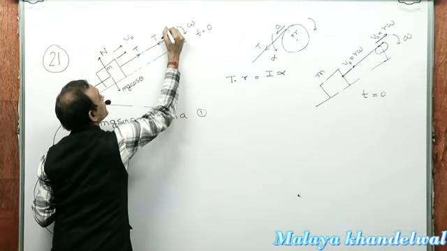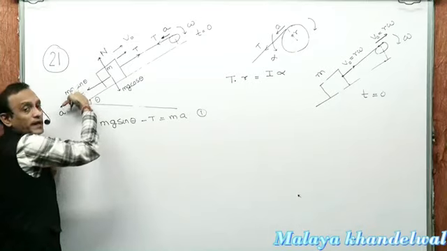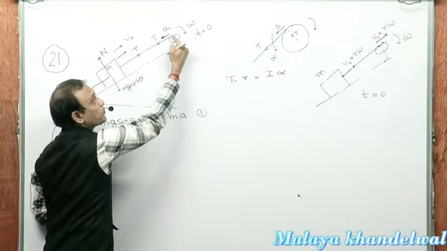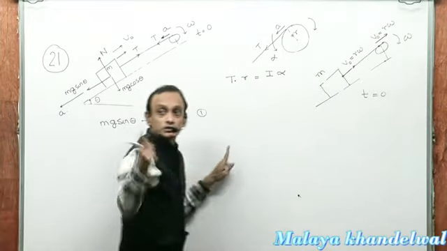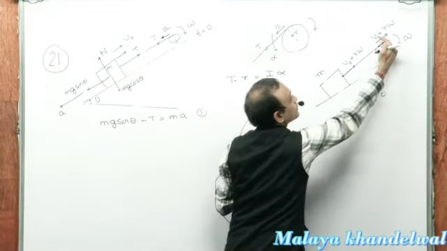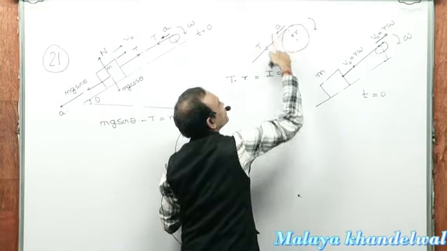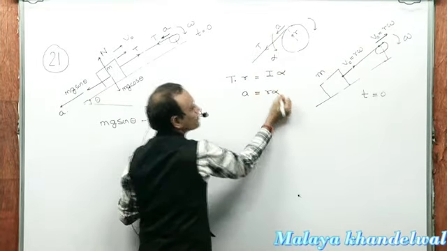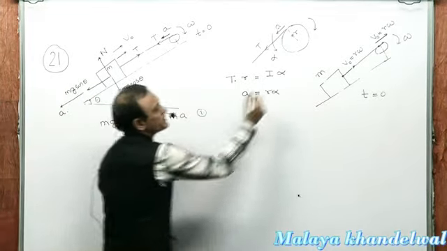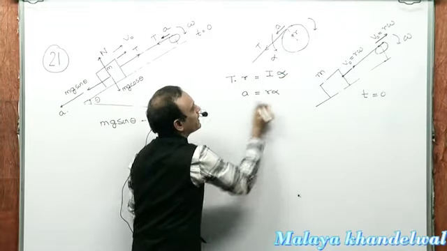That's a string consideration. If the mass m has a downward acceleration A, this topmost point on the pulley will also have an acceleration A. And the relationship between the tangential acceleration and angular acceleration is A equal to R alpha, right? So I can replace this alpha by A by R.